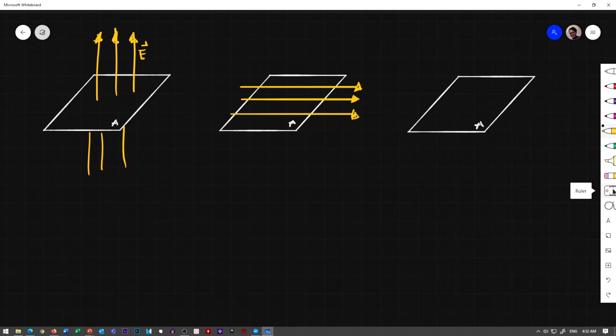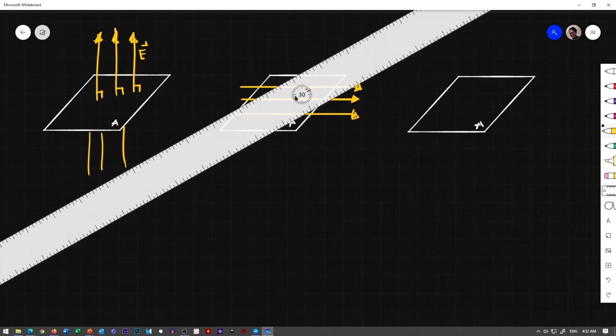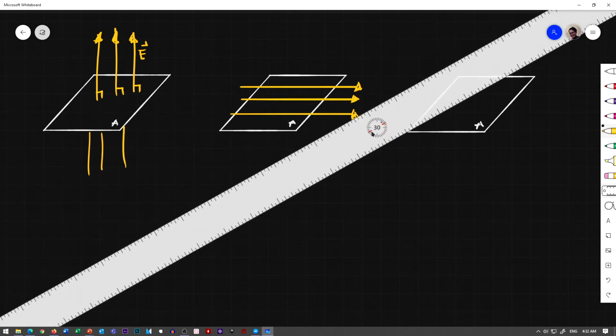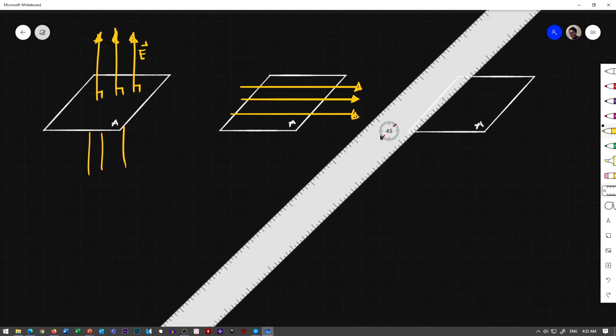So for the first one, the electric field and surface are perpendicular. Here they are parallel with the sheet. Then the third one, of course, is if your electric field is angled at a certain degree. Let's say it will be passing at an angle of 45 degrees.